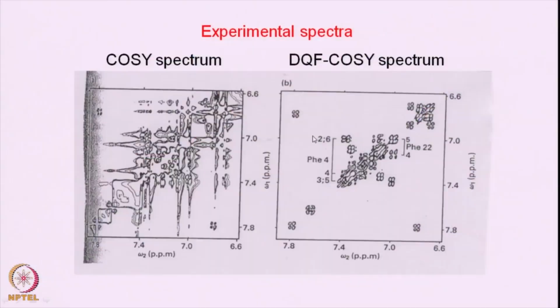For example, if you want to select the Z magnetization, then also it is possible. You also use a different kind of phase cycling. The 5 pulses which I had mentioned there, I used a particular kind of phase cycling for addition, subtraction and changing of the phase x, y, minus x, minus y, and addition, subtraction, etc. But you can use a different combination of these phi's and the receiver phases, addition, subtraction, etc., to choose another kind of magnetization, for example the Z magnetization, in which case you generate a different kind of correlations in your spectrum.